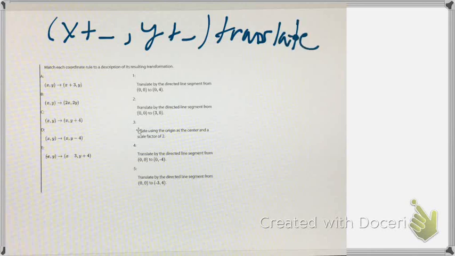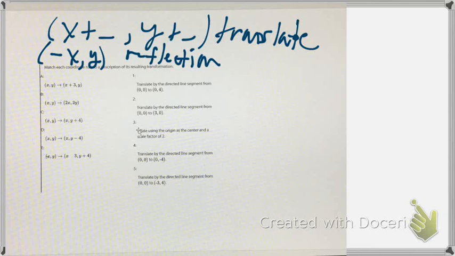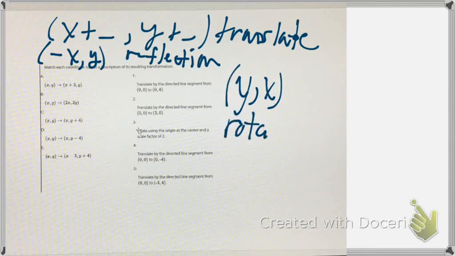When you've got switching signs, you've usually got a reflection. When you've got switching variables, like y switching to x and so forth, you've usually got rotation, and that may be combined with sign changes as well. Like -y, x, that's going to be rotation.